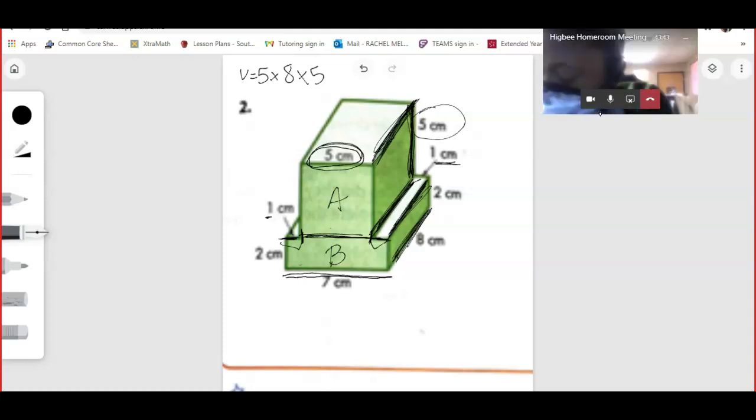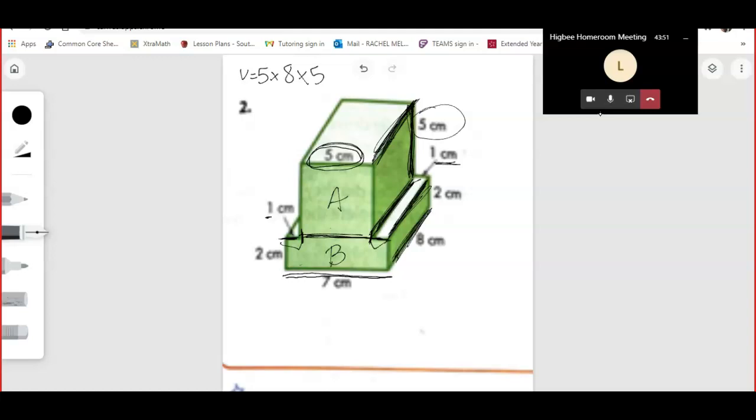Lyric, which one do you want to multiply first? You want to multiply 5 times 5? Okay, so everybody, what's 5 times 5? 25. So I need to now do 25 times 8.